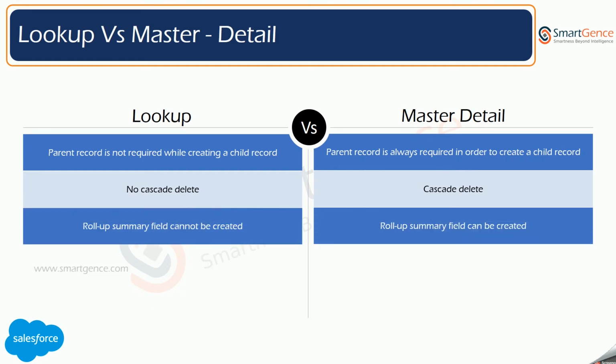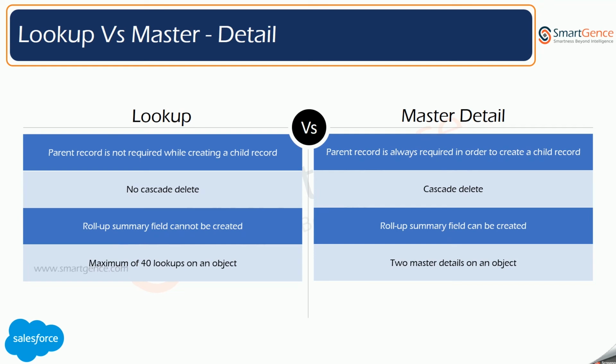Then the roll-up summary fields are allowed only in master detail, but not in lookup relationship. A roll-up summary field lets us do calculations like average or number of. All those calculations can be done using roll-up summary fields, and that is basically allowed only if there is a master detail relationship, right?